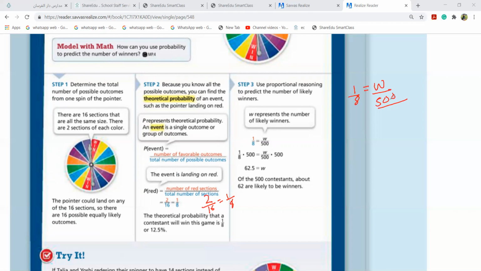Every time you will not be able to know this. Simple, I took 1 over 8 because there are 8 colors. If I want to know the winners, this 500 goes up and you have 500 over 8. When I divide, I get 62.5. So out of 500 contestants, you get this. They will definitely give you the number 500.